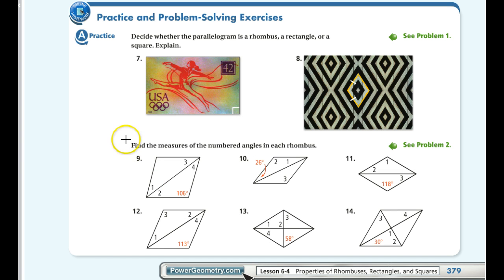Problems 9 through 14: use the information you know about diagonals, the fact that they bisect opposite angles of a rhombus, and that the diagonals of a rhombus are perpendicular to each other. Pause it now and we'll come back and check the answers.